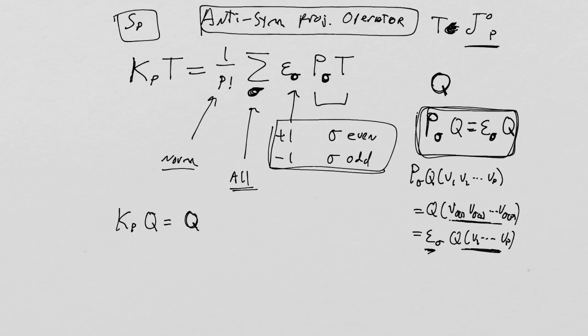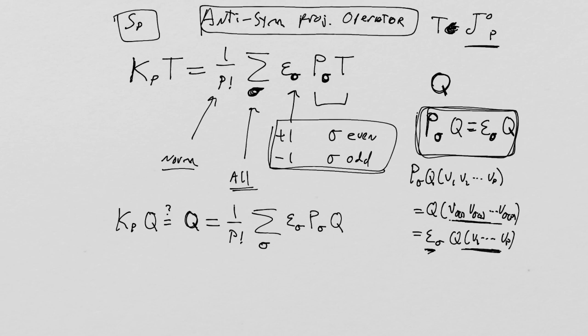We can check that with the definition without too much trouble. Does this equal 1 over P factorial times the sum over all the permutations sigma of epsilon sigma P sigma Q?